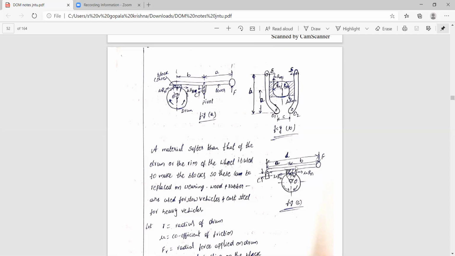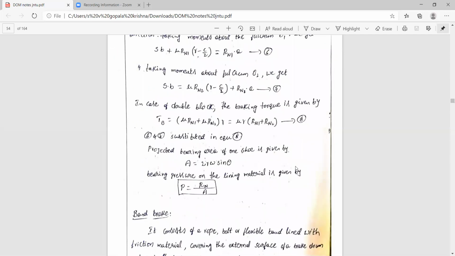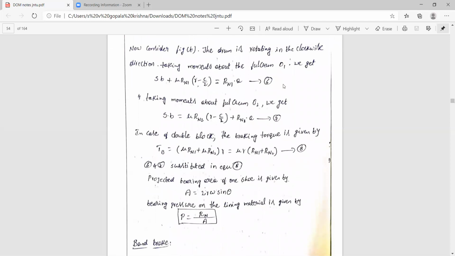Now observe that the drum is rotating in the clockwise direction. Taking moments about the fulcrum O1, we write S B plus mu Rn1 into (r minus C by 2) equals Rn1 into A. How do we write that?